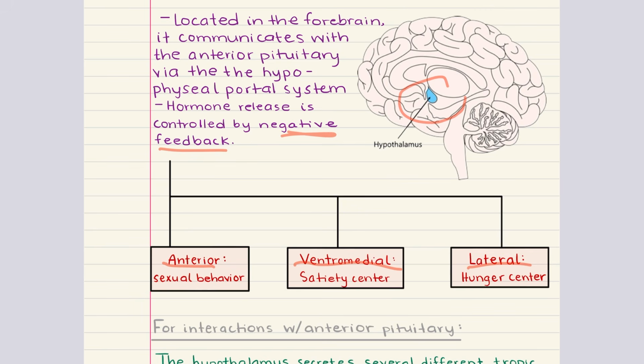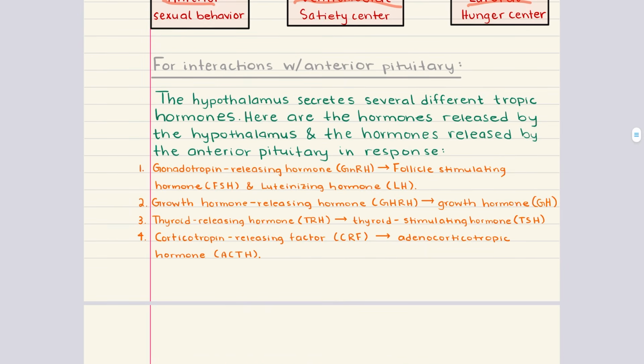Now that we understand broadly the role of the hypothalamus in regulating behavior and in maintaining homeostasis, let's look more closely at how it interacts with the anterior pituitary gland. The hypothalamus secretes several different tropic hormones, each of which acts on the anterior pituitary to then stimulate the release of a specific hormone in return.